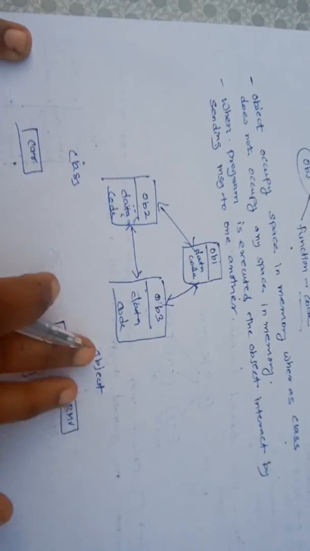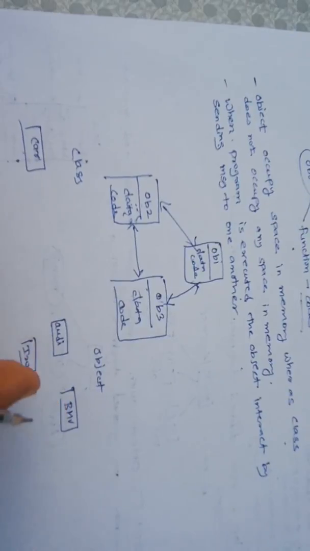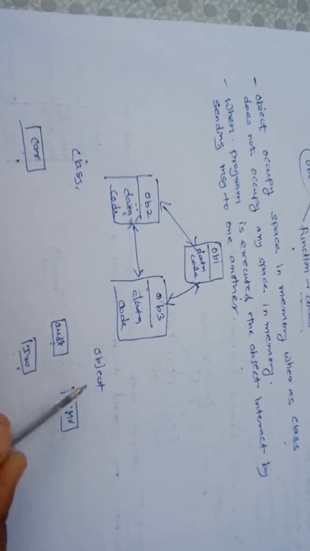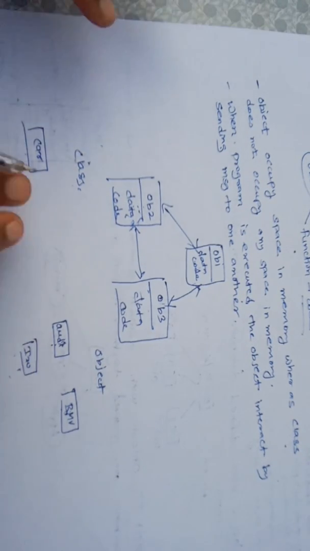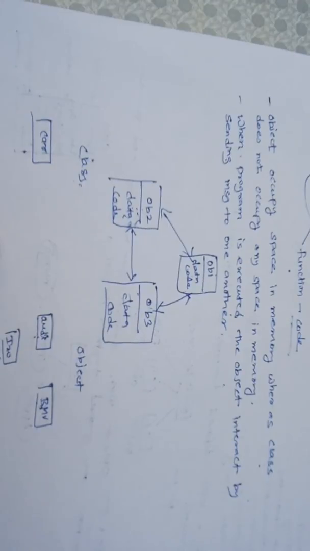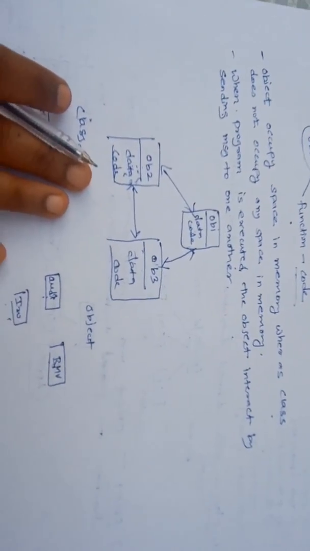In these cars there are various different features. Hence car is the class and Audi, BMW, i20 are the objects. This is the difference between class and object.